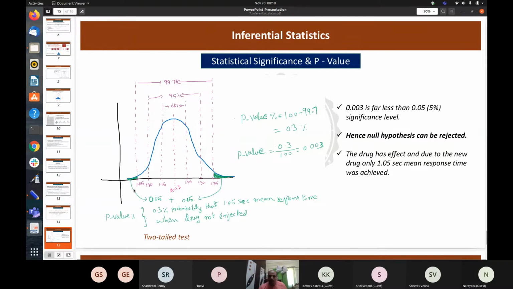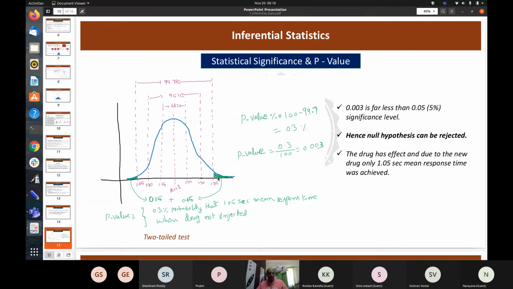What is this area here? 99.7% is 3 standard deviations away, right? 99.7% of the times it is not happening. That means we have to take 100 minus 99.7, that is 0.3%. 0.3% of the times the 1.05 response time is coming or more.